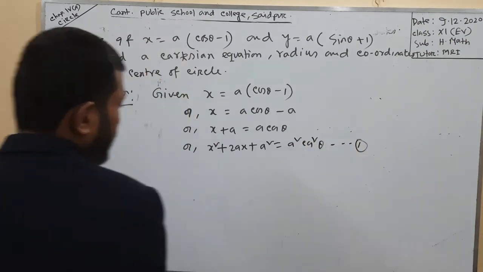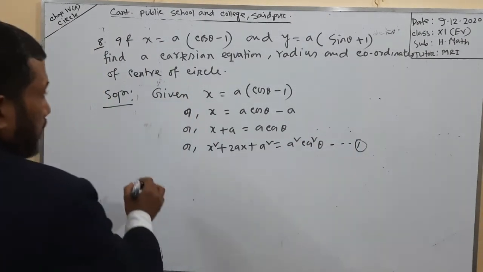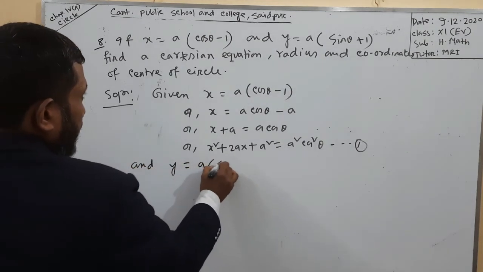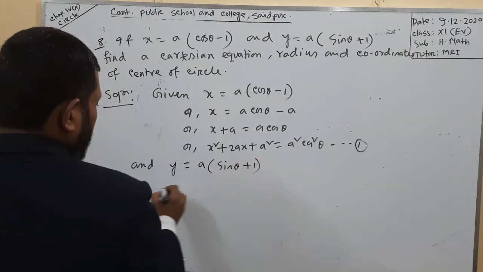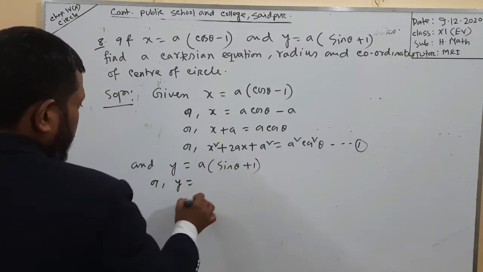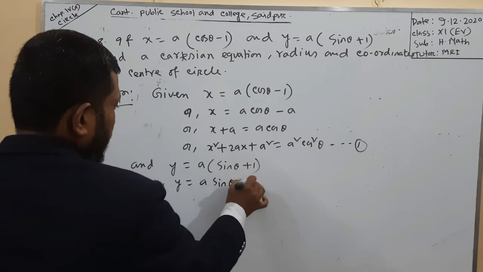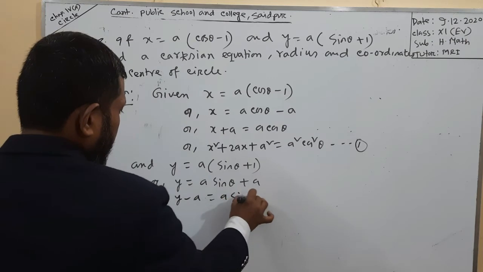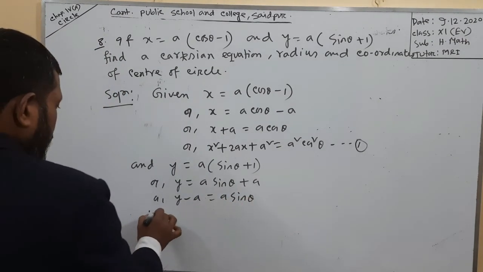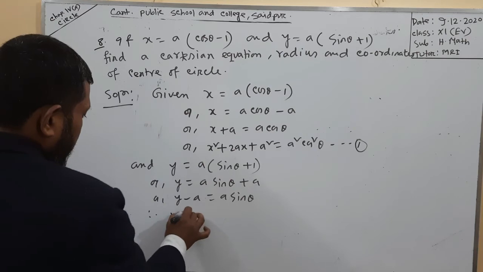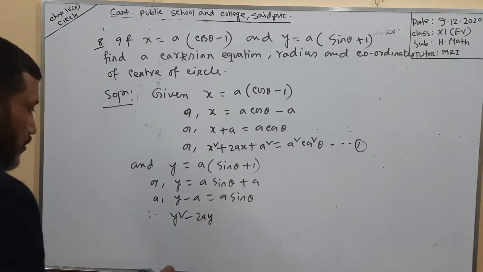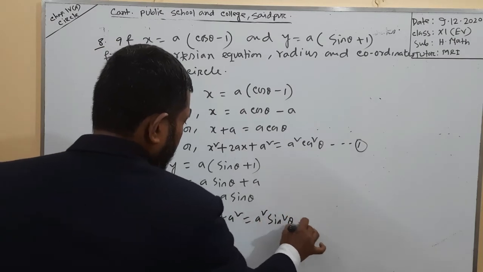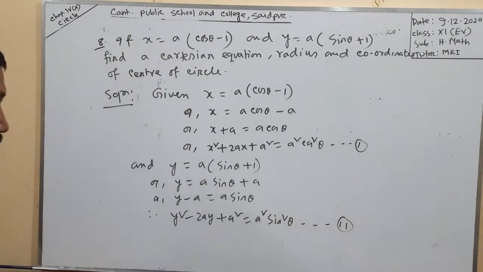Suppose this is equation number 1. And here y is a sin theta plus 1, then we get y is equal to a sin theta plus a, or y minus a is equal to a sin theta. Therefore we get y square minus twice ay plus a square is equal to a square sin square theta. So this is equation number 2.